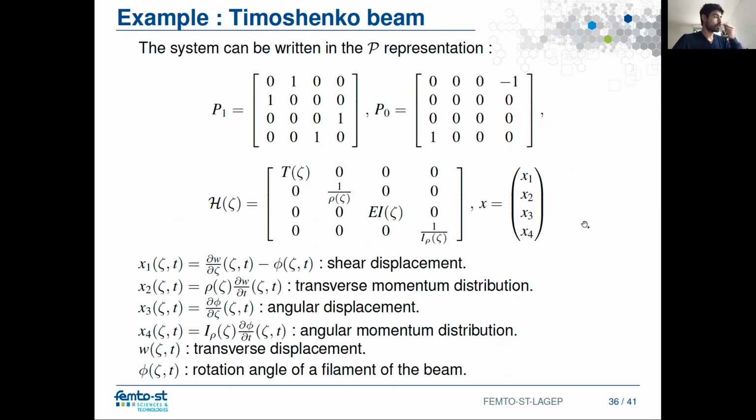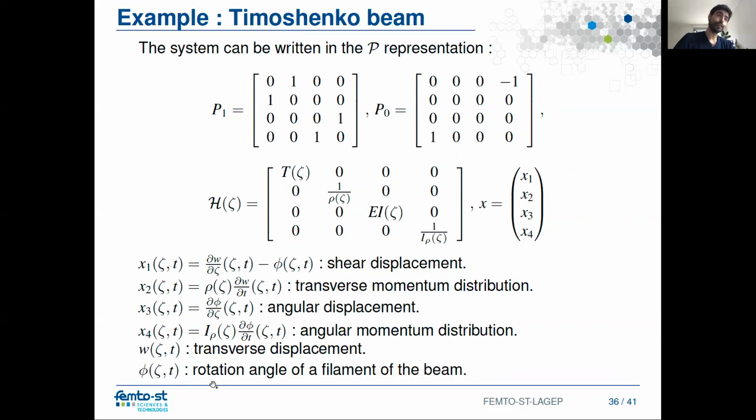For concluding, we are going to do the same for another, a bit more complex example, where we have the Timoshenko beam, which can be represented in the port-Hamiltonian representation with P1 like this, P0, H, and here we have the state variable.